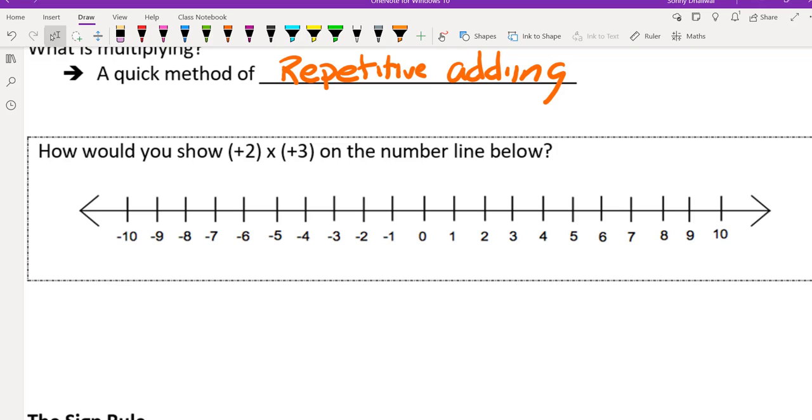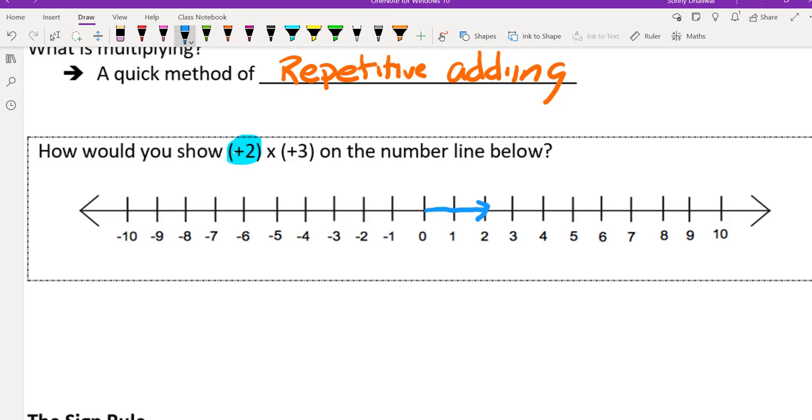The first number in the multiplication is your quantity, so I'm going to show a length of positive 2, starting at 0, going all the way to 2.